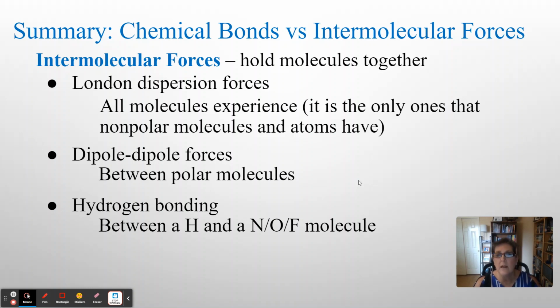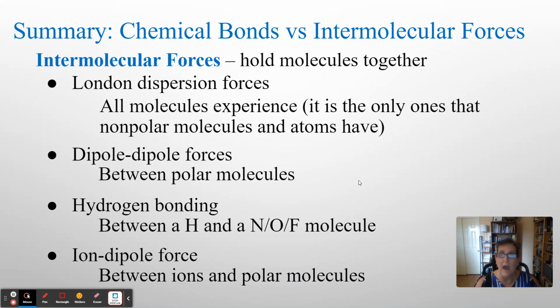Again, hydrogen connecting to an N or O or F. And then the last one is the ion-dipole force. The ion-dipole force is between ions and polar molecules. Polar molecules have two poles, dipole, so it tells you what it is, the ion-dipole force.